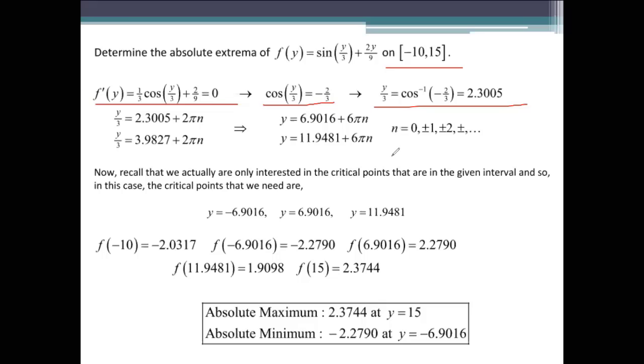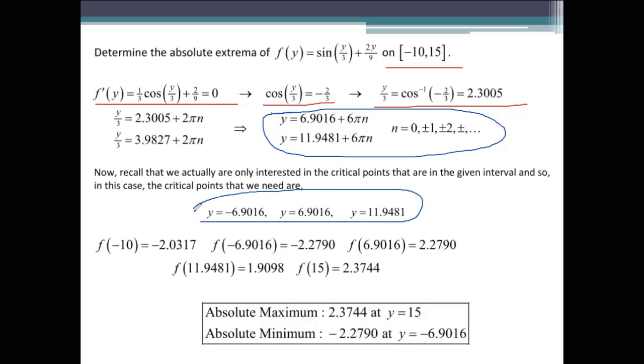We have many critical points, of this kind, where n is an integer number, and now we need to consider only the interval [-10, 15]. That's why the critical points belonging to this interval will be these three only.